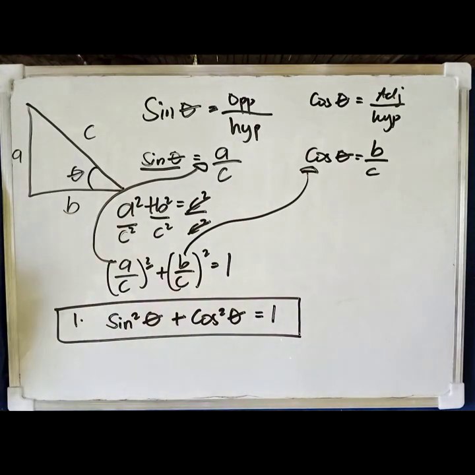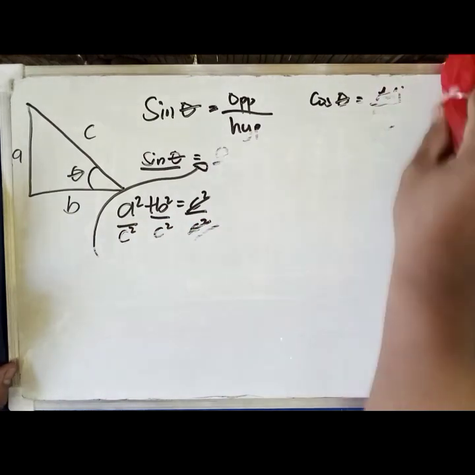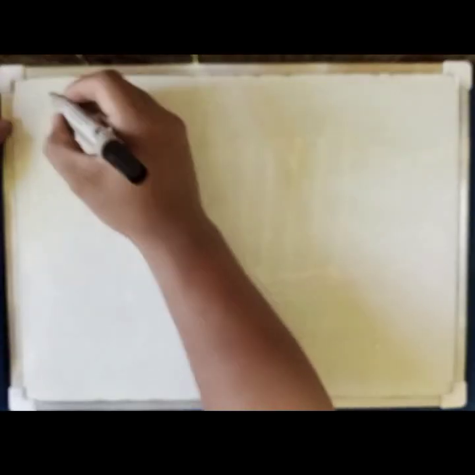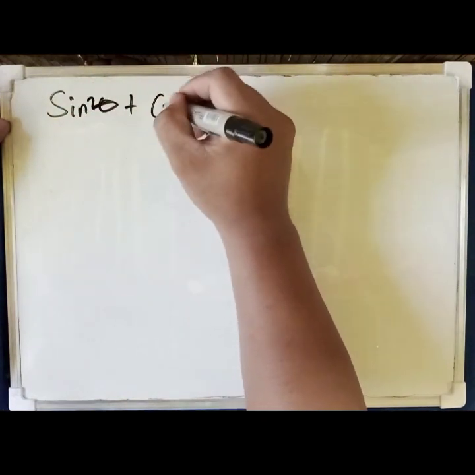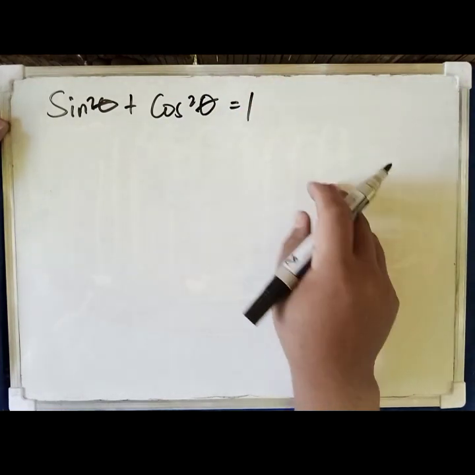The next one, let us derive the other 2 remaining identities from sine squared theta plus cosine squared theta equal to 1. So sine squared theta plus cosine squared theta equal to 1.